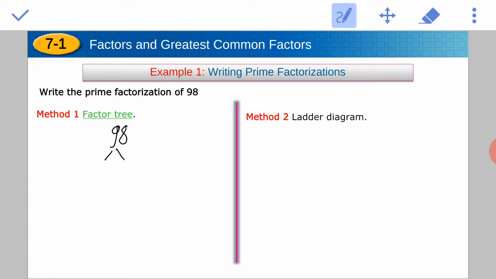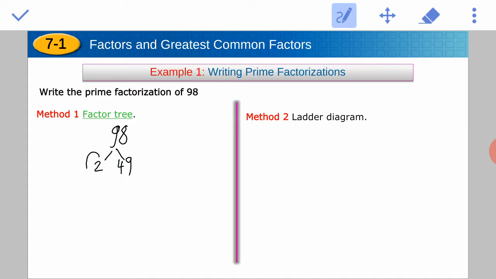One of them at least is a prime number, and since this number is an even number, it's divisible by 2, so you need to think 2 times what equals 98. If you don't know, simply use a calculator, divide 98 by 2, it gives you 49. So 98 is the product of 2 times 49.